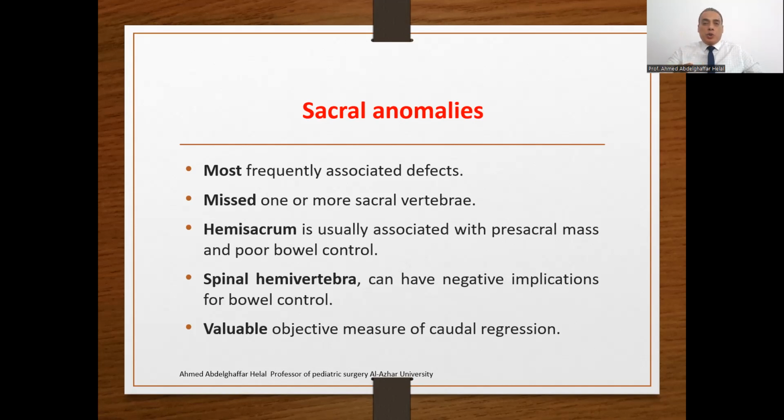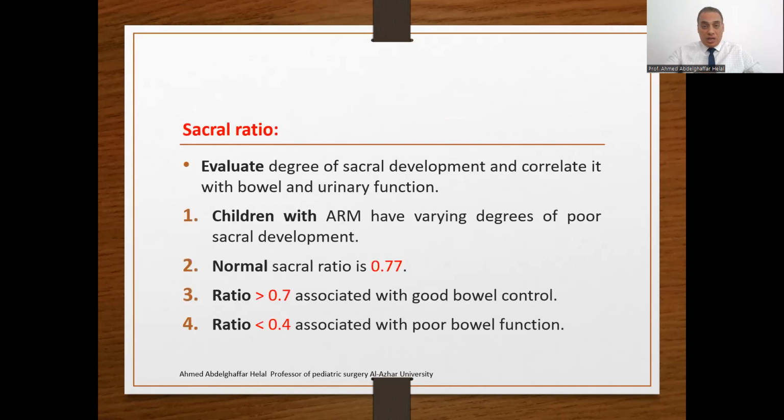So it is very important for the pediatric surgeon to study the characteristics of the baby's sacrum when the child has an anorectal malformation. There is what's called the sacral ratio. What is the sacral ratio? It evaluates the degree of sacral development and correlates with bowel and urinary function.